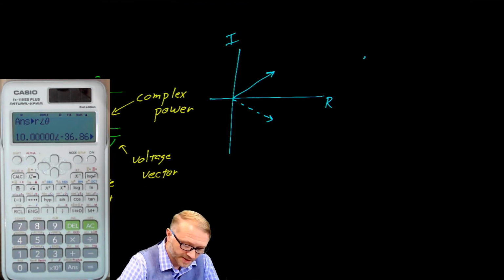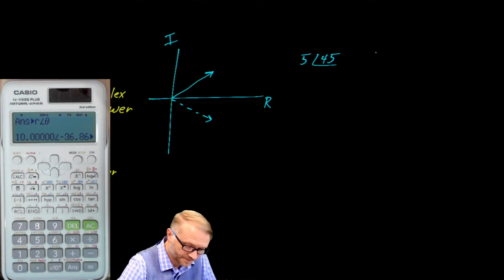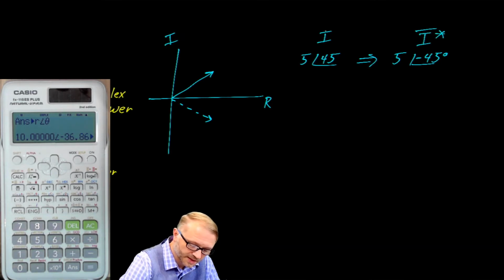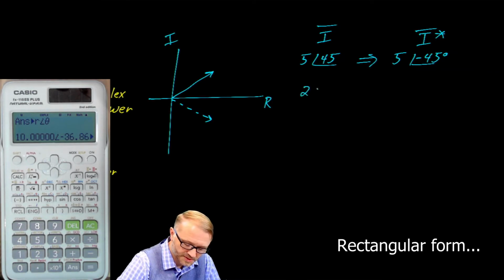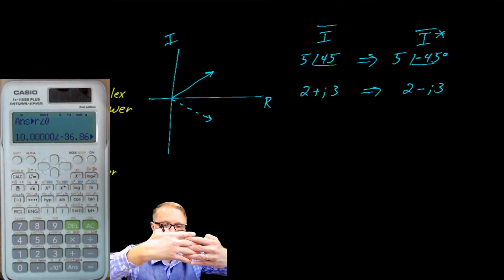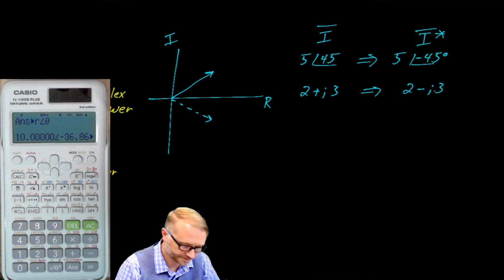For example, 5 at a phase angle of 45 becomes a complex conjugate of 5 at a phase angle of -45. So if this is current here, the complex conjugate of current has a different sign. And it works the same way in rectangular form. So 2 plus j3 becomes 2 minus j3. Again, all we're doing is flipping about the real axis.